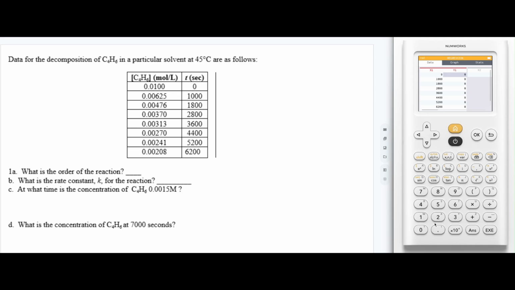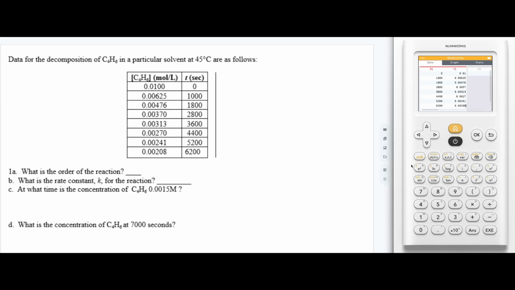So at time 0, our molarity is going to be 0.01, then 0.00625, then 0.00476, and 0.00370, 0.00313, 0.00270, 0.00241. Oh, sorry. And finally, 0.00208.